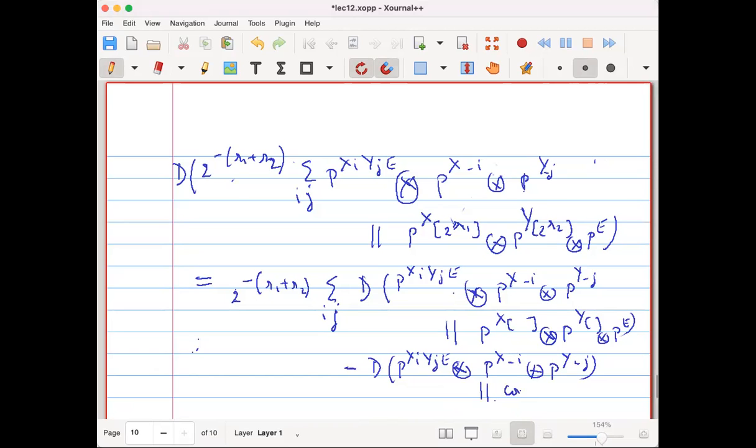So this is the convex split state. Okay, so not writing this one. So we have this decomposition rule for entropy.